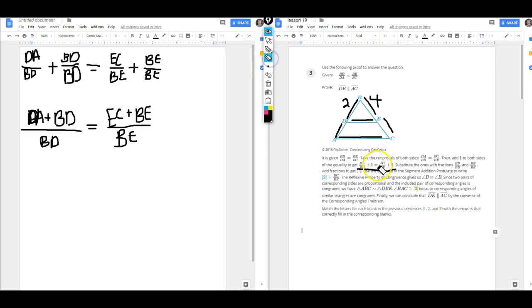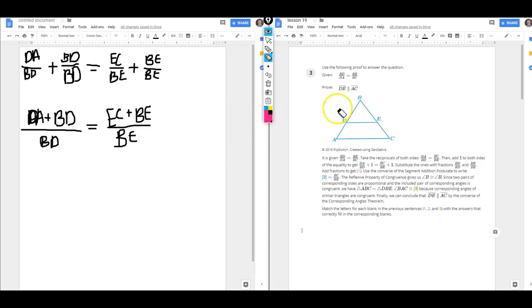And now it says use the converse of the segment addition postulate to write blank equals BC divided by BE. So the next thing that I'm looking at is, from this equation, how did they end up with BC right here instead of EC plus BE?